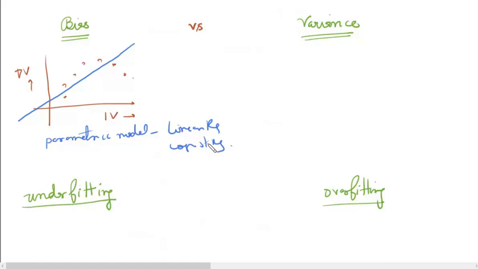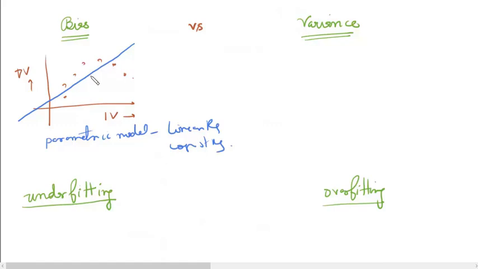Now, the concept of underfitting is very closely related with bias. When you have a highly biased model, it usually results in underfitting of the model. For example, in this case, the actual relationship was a little complex. It was at best like a parabola. It was a quadratic relationship, as we can see here, but we still went ahead and fit a linear regression line.